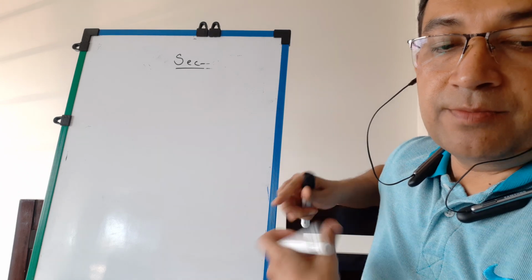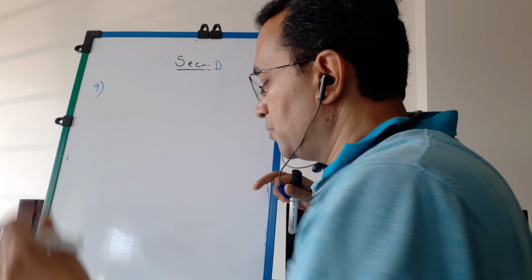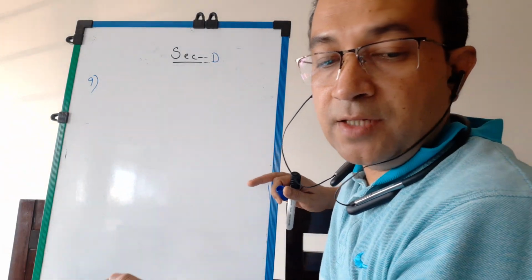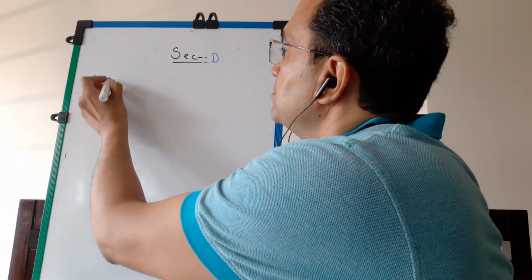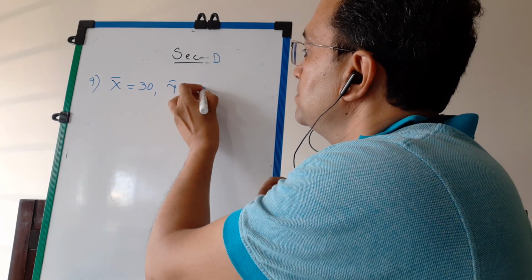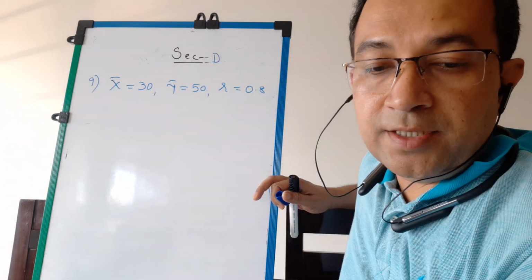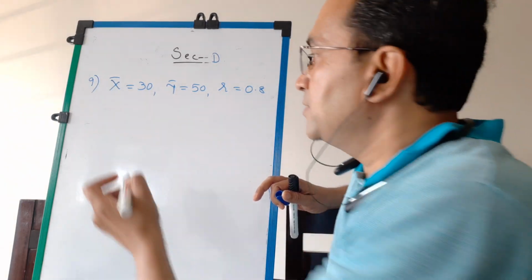What are the given data? X bar 30, y bar 50, and correlation coefficient r is 0.8. Standard deviations of x and y are 2 and 5.